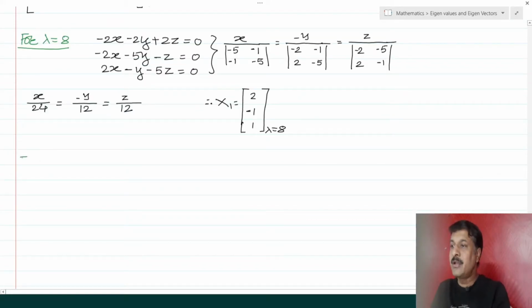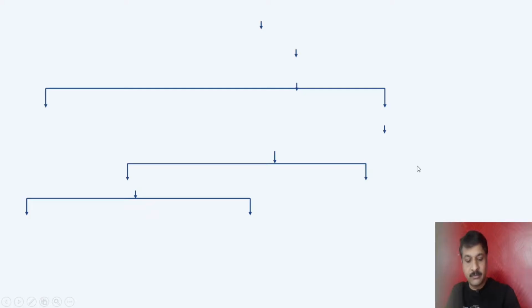So for the next eigenvalue which is repeated, lambda equal to 2, 2, repeated eigenvalues. So what to do? First you find the rank of matrix A minus lambda I. Just recall the things.